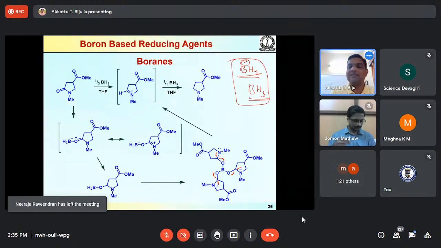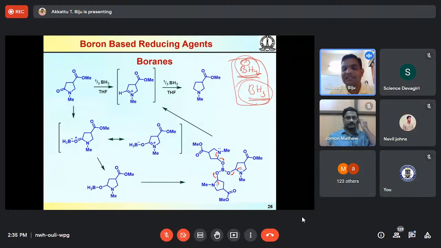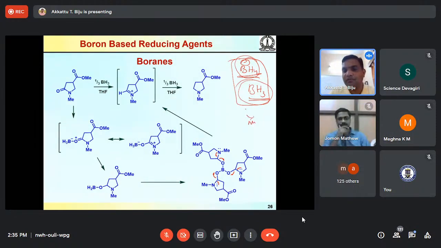Borohydride is a nucleophilic reagent, so the BH4 minus can add to various electrophiles, whereas borane reagents, or simple boranes, are electrophilic reagents, where a nucleophile first has to add to the borane, making the boron tetrahedral, and then the hydride transfer takes place.